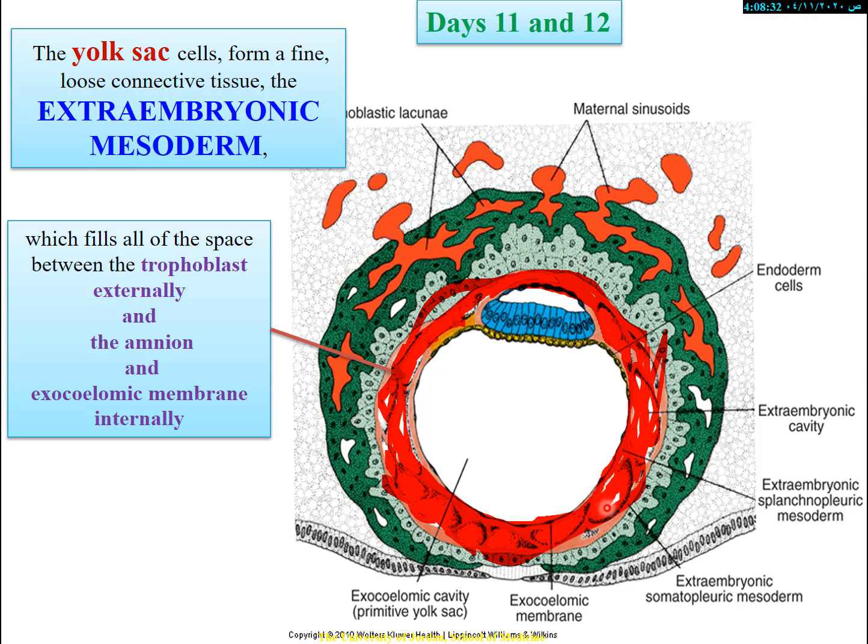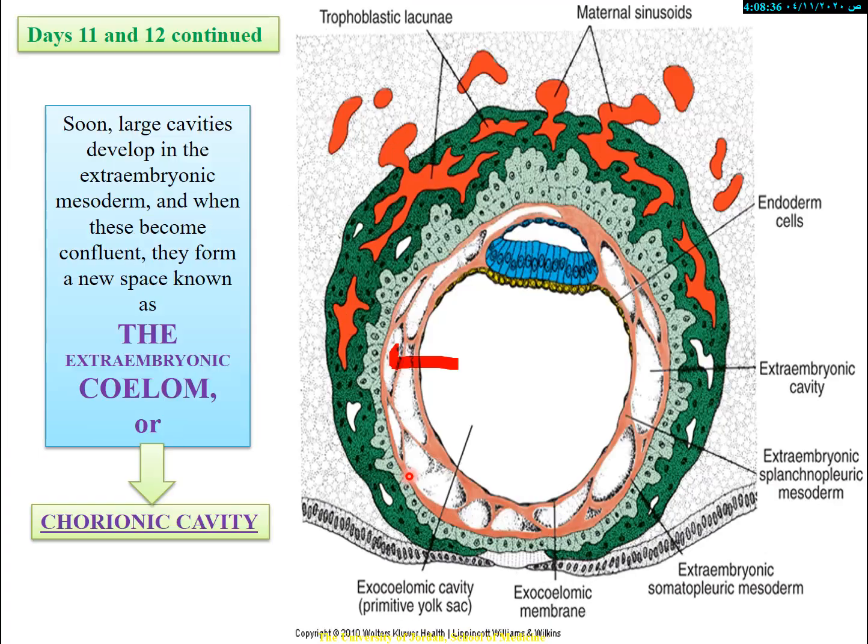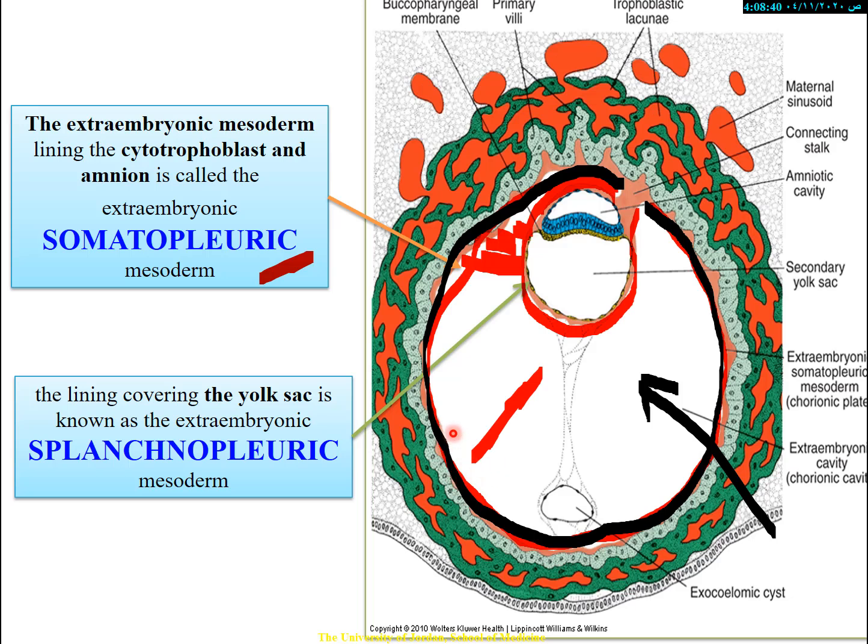This extraembryonic mesoderm would have large cavities inside it, and it would split into, as you can see, two parts. This one here in black, I called the somatopleuric mesoderm, and this one here, the splanchnopleuric mesoderm, and the cavity between them is the chorionic cavity.